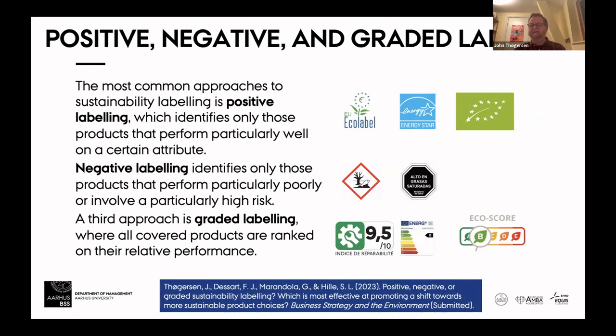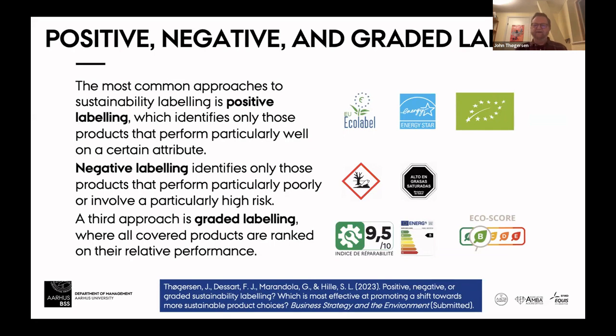Some retailers in Europe have also introduced an eco score, which is also a graded label where all products in the category are labeled, and where they use both letters and colors to communicate the relative performance of the products.